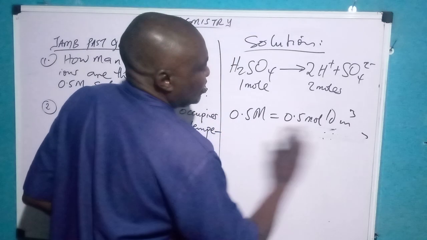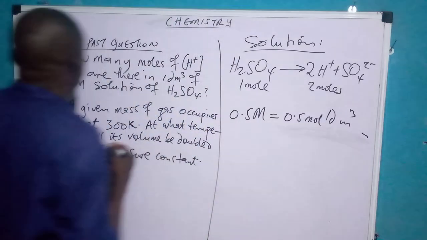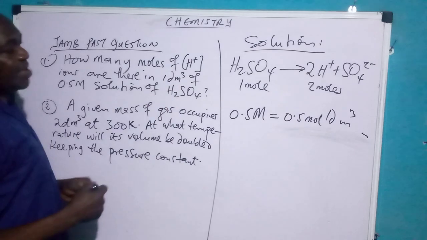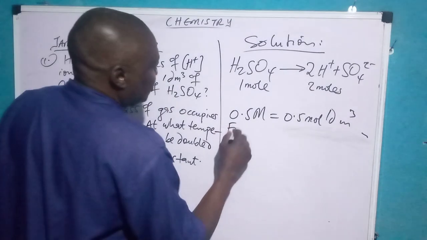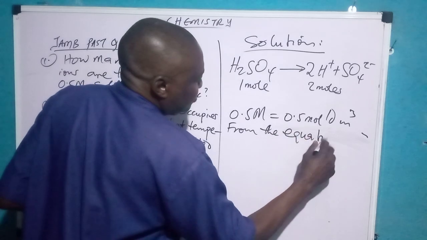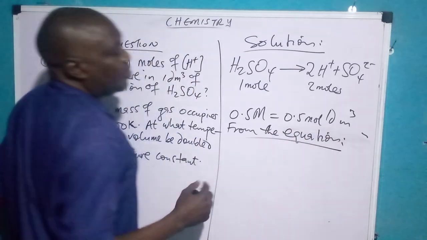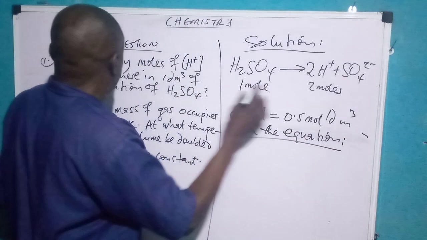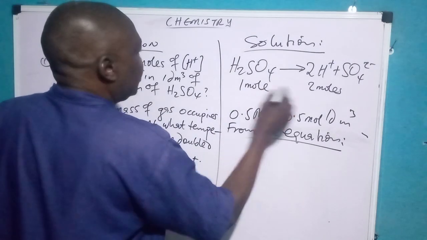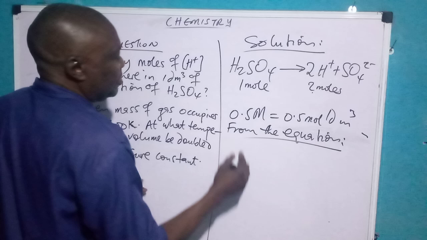So let's use dm cube per dm cube, because they say in 1 dm cube. So you now say from the equation, 1 mole of this is equivalent to, remember, all of them are dm cube.